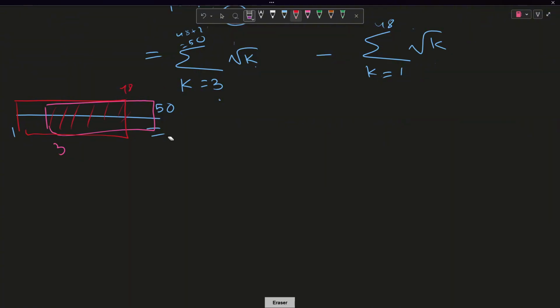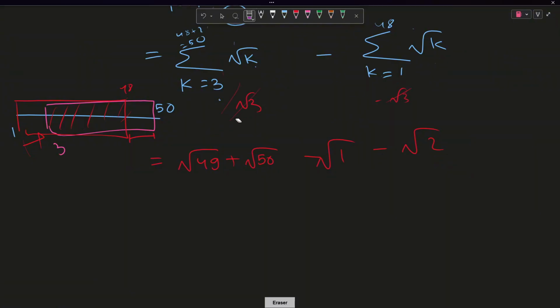So we just end up with this part: root 49 plus root 50, minus root 1 minus root 2. The others just get cancelled, because it's obvious to see. For example, root 3 minus root 3.